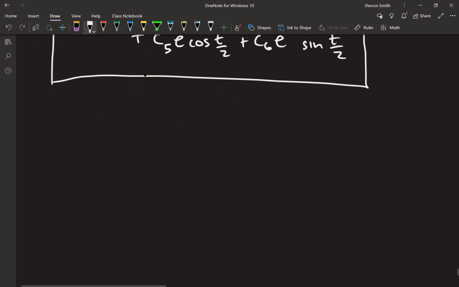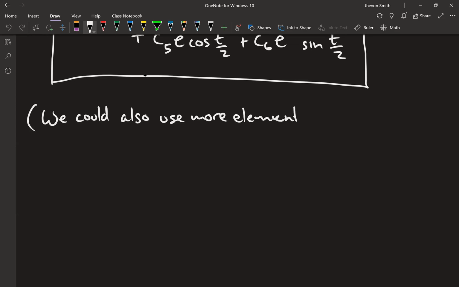It's worth mentioning, once again, we could also use more elementary means, because this one happens to be something nice that we can break down into cubes and squares.